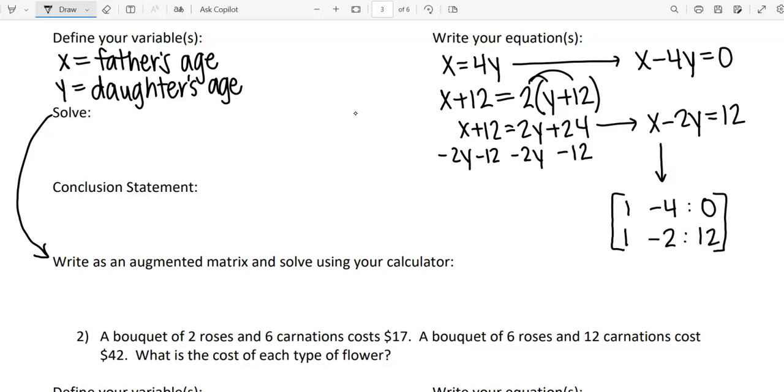Y'all remember in note set 3 how we were doing all those row operations to get down to a matrix that was like 1, 0, 0, 1? So what we were doing when we were doing row operations is getting down to, don't know if you remember this vocab word, reduced row echelon form. Yes? That's what we're going to do in our calculator. So what we're showing up here on your notes is the bare minimum amount of work that you need to show on your paper for homework, tests, and quizzes to get credit.